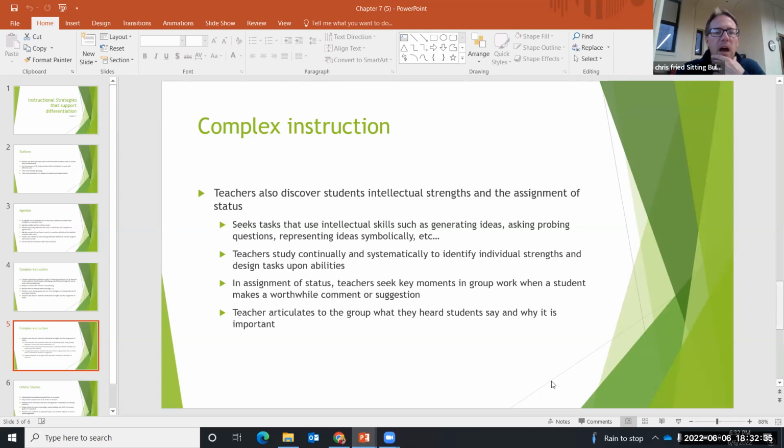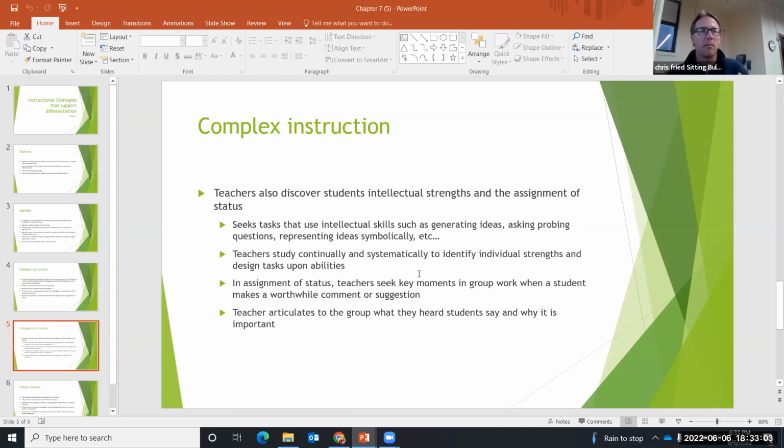You can also find out a little bit more about your students using this strategy. You can find out which students want to seek tasks using their different intellectual abilities, right? And if they're able to help others and work together with others. We're looking at students' individual strengths.